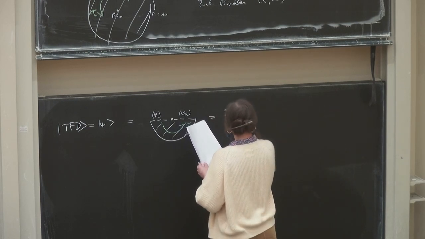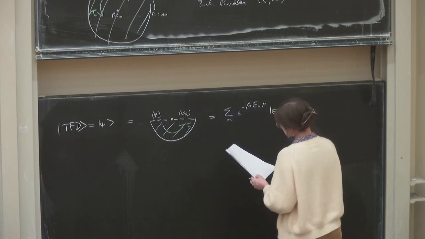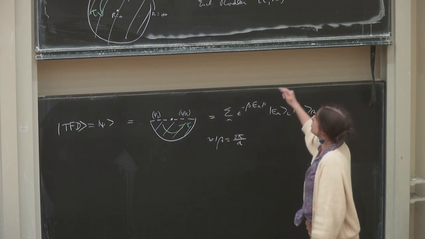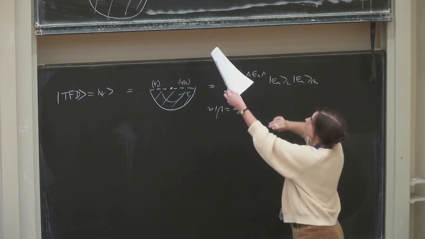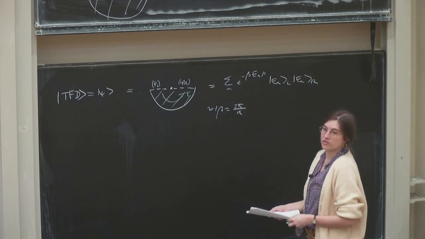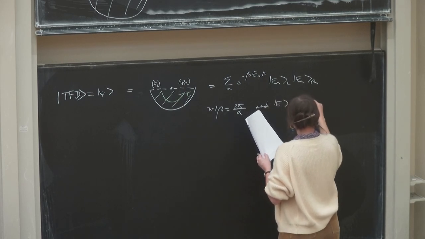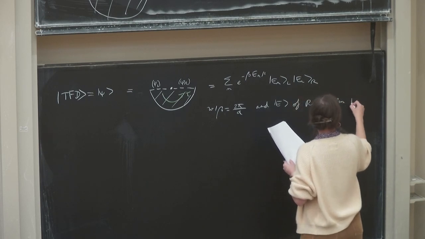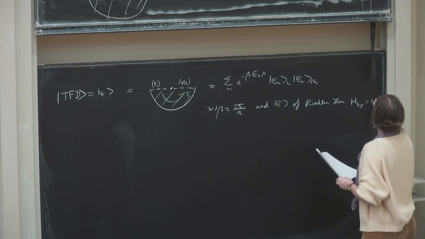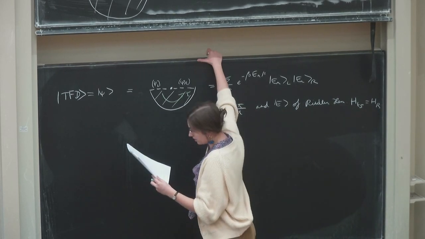So if you prefer the formula, we make this thermal field double state where there's a temperature in the game which is 2 pi over the acceleration of our observer. So our Rindler observer is an observer that only has access to this wedge in the middle picture of the plane, and there measures some temperature, which is the Rindler temperature. It's 2 pi over A, or A over 2 pi. And the energy levels are the energy levels of the Rindler Hamiltonian, which I would call the Hamiltonian with respect to Lorentzian Rindler time, which we can call H right for the right Rindler wedge, for example.